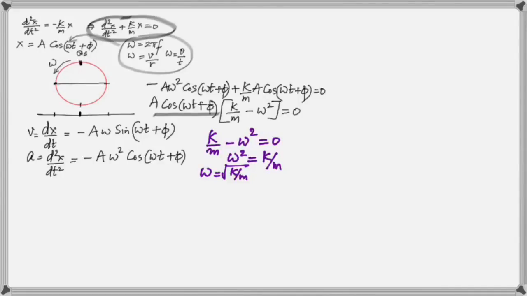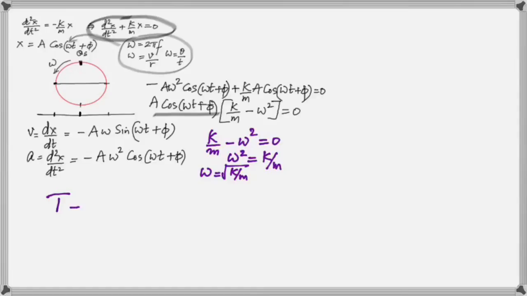Okay, finally, does anybody remember the relation between time period and omega in circular motion? One of these days we'll have a final exam without the formula sheet. Not this semester anyway.